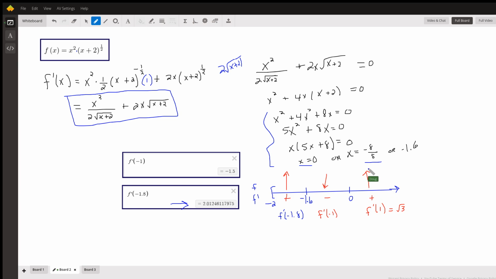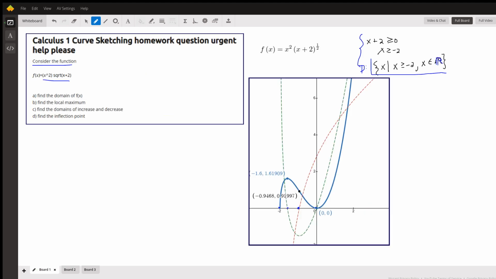So the interval of increase is from -2 to -1.6 and from 0 to infinity, and the interval of decrease is from -1.6 to 0. You can use interval notation if you want to specify those intervals. And let's see, what else did we have? So we found the intervals of increase and decrease.